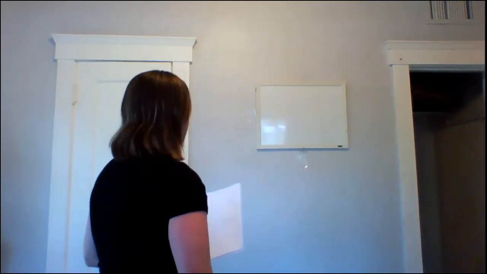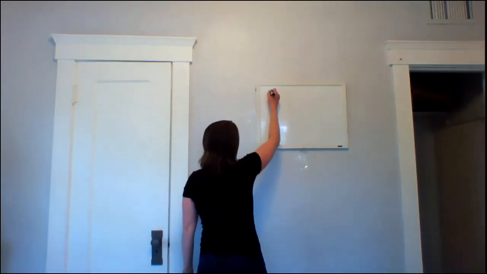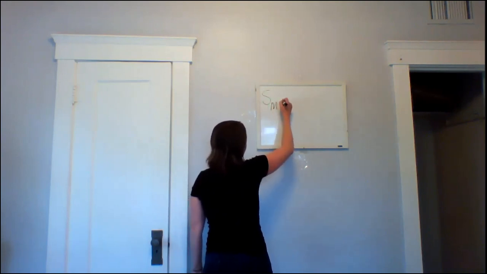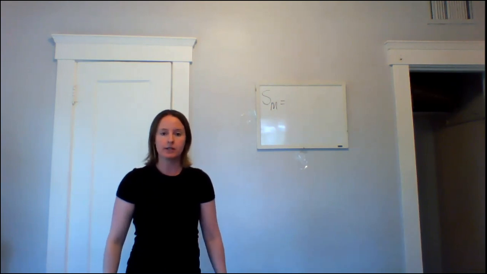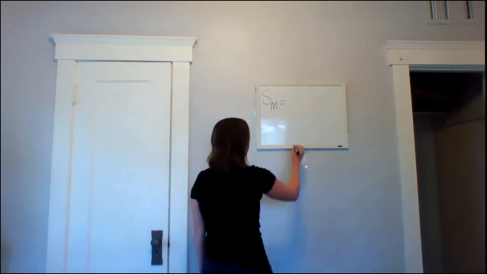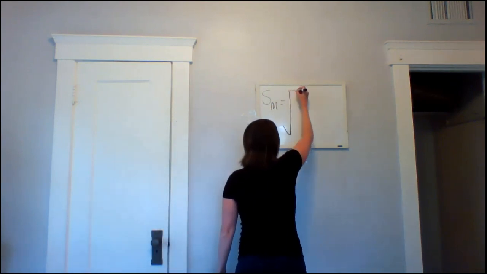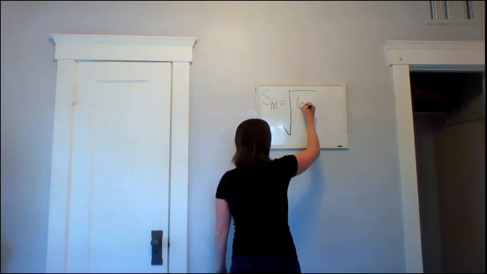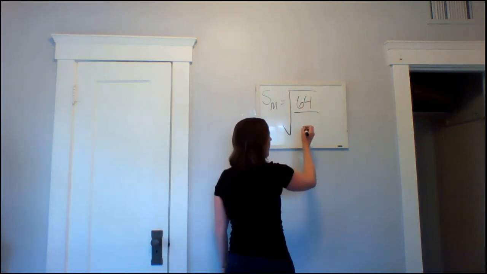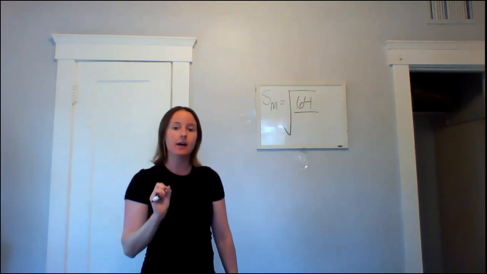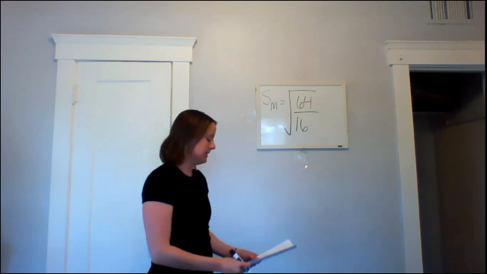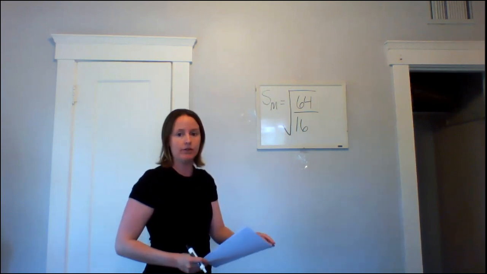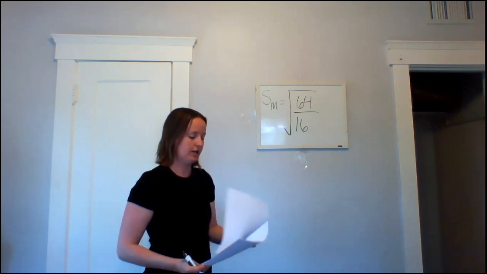So first step is standard error, SM. This is going to be the same approach we took in the previous problem. We're given the variance, so we're going to use the variance-based formula. So the square root of 64 over the sample size, which is now 16. This ends up giving us the square root of 4.